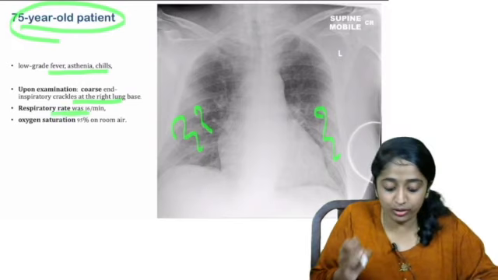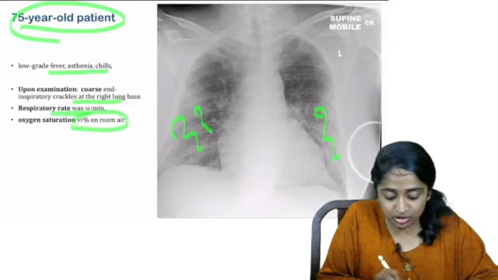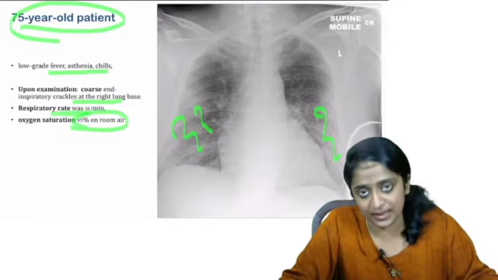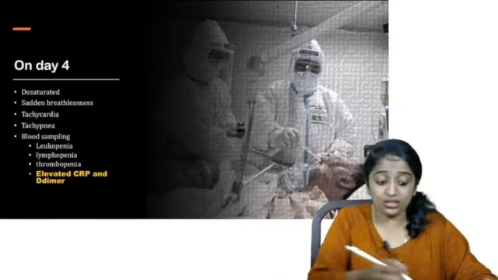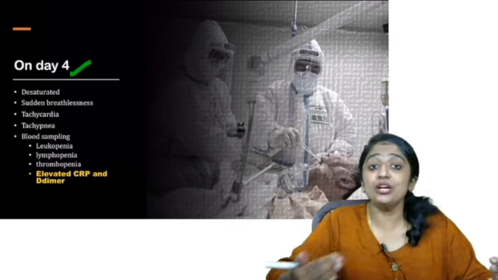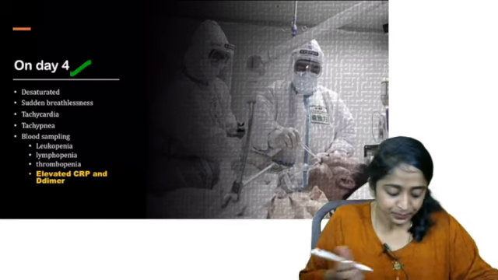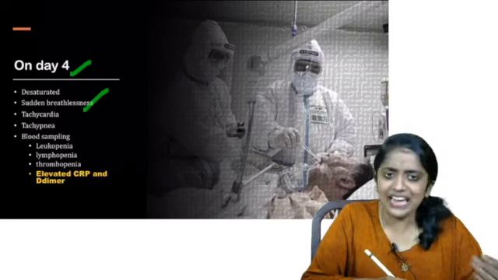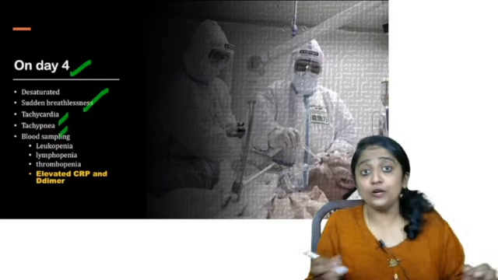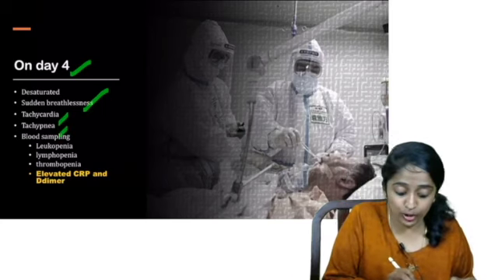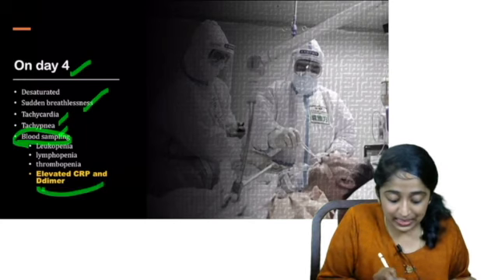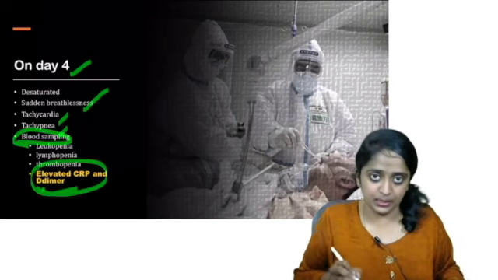Initially, the respiratory rate was normal and oxygen saturation at room air was maintained. But on day 4, what happened? The patient began to desaturate, sudden breathlessness, tachycardia, tachypnea. And of great interest when we were going through the blood sampling was what? Elevated CRP and D dimer.